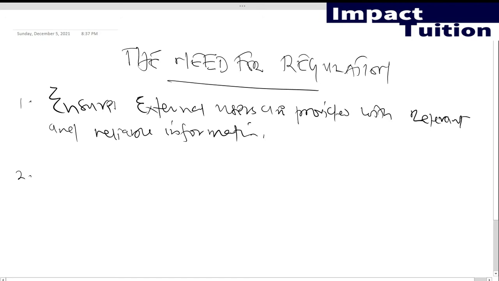Regulation also ensures that entities adopt similar treatment for similar items and account for similar transactions in the same way.